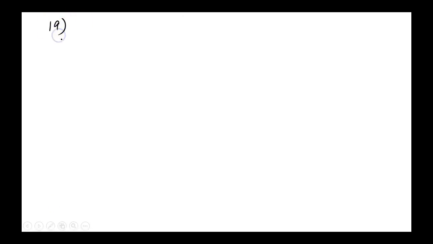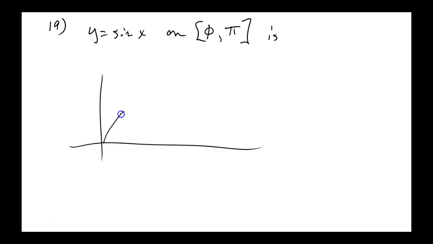Number 19. The average of y equals sine x on 0 to pi is, okay, the average of that. Sine of 0 is 0. Sine of pi halves is 1. Pi would be 0.